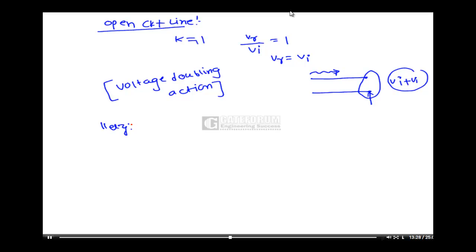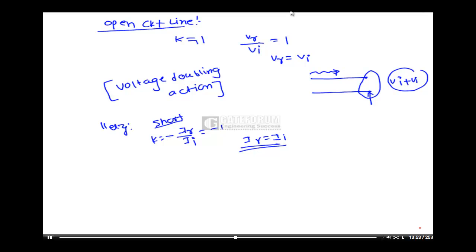Here IR by IA, that is K, is equal to minus IR by IA. For the short circuit case, this is equal to minus 1. IR is equal to IA.